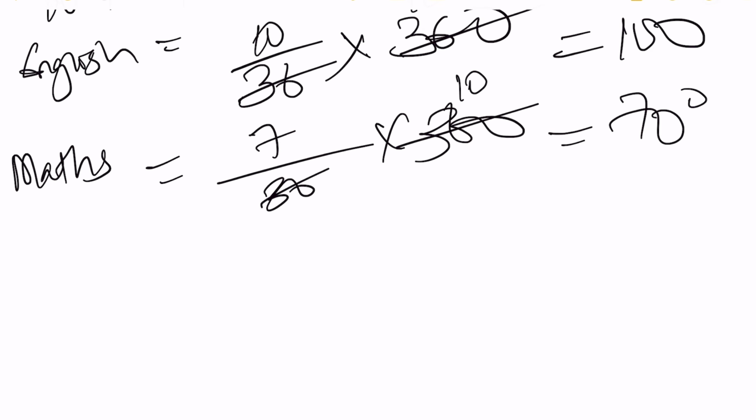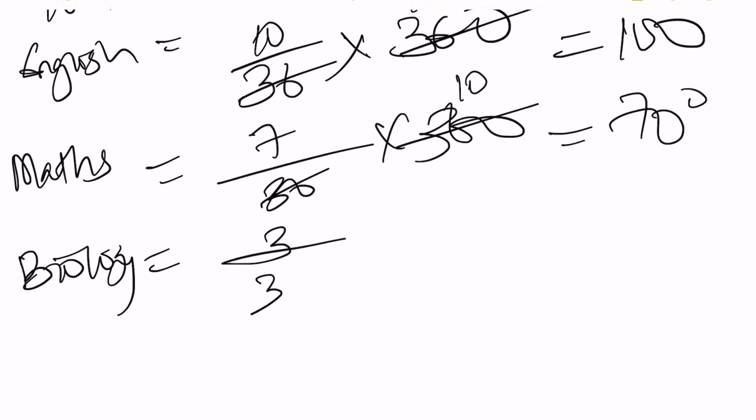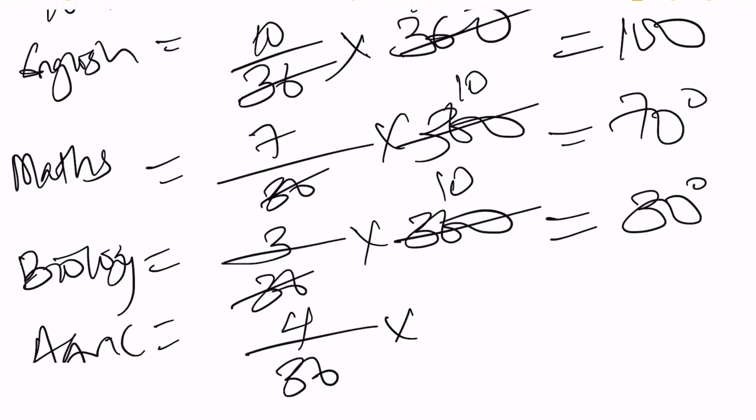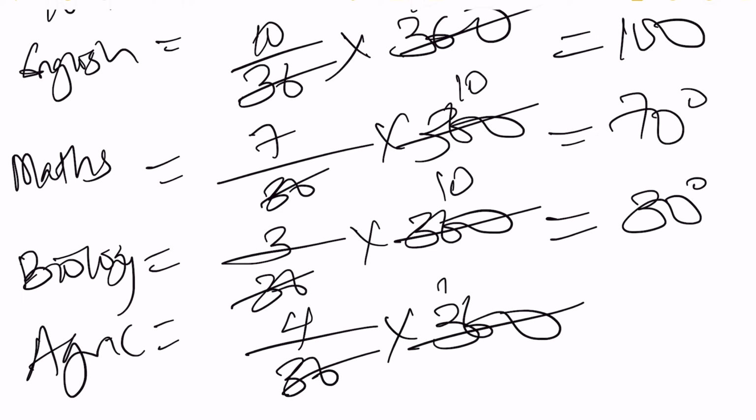For biology, we have 3 over 36 times 360, which is 30 degrees. Then for agric, we have 4 over 36 times 360, which is 40 degrees.